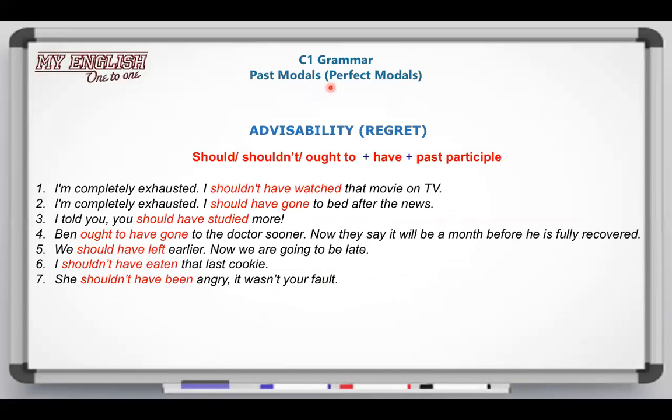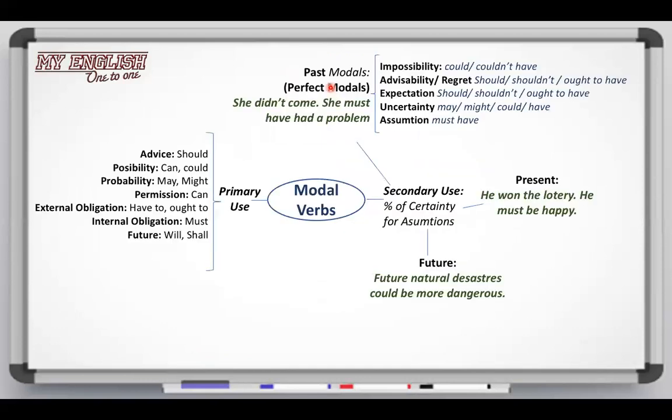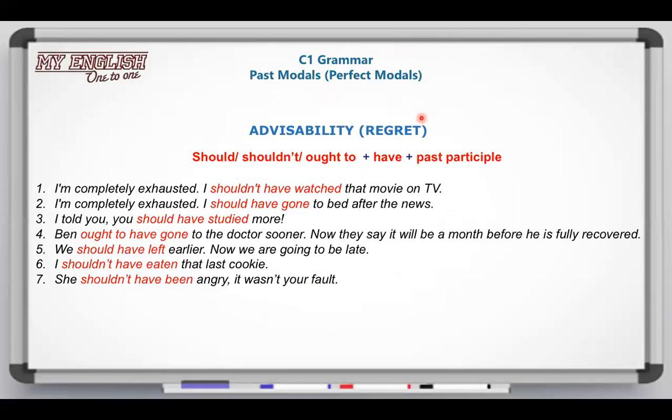So let's start. We have advisability or regret. Before I start checking this, I want to come back to the first chart I presented. So we're going to study past modals in this sequence or this classification right here, okay? So let's start with advisability or regret. What is this?